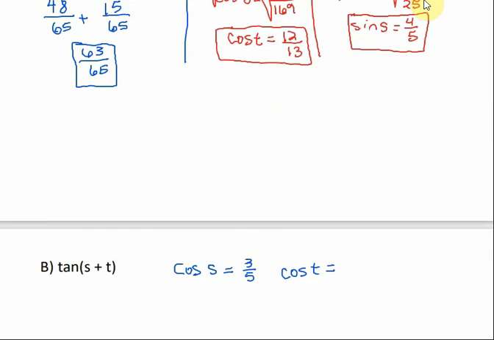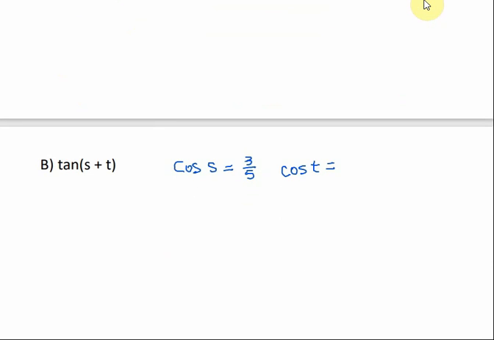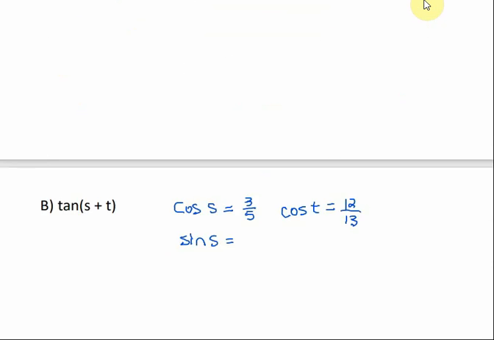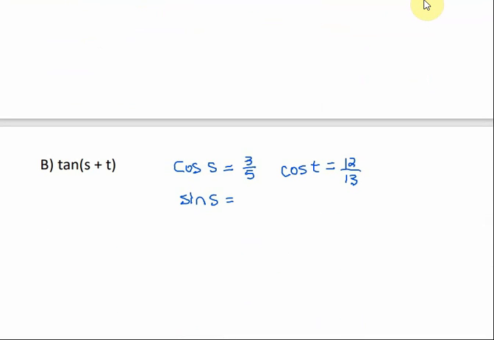Cosine of t is 12 over 13. Sine of s is 4 over 5. And the sine of t is 5 over 13.